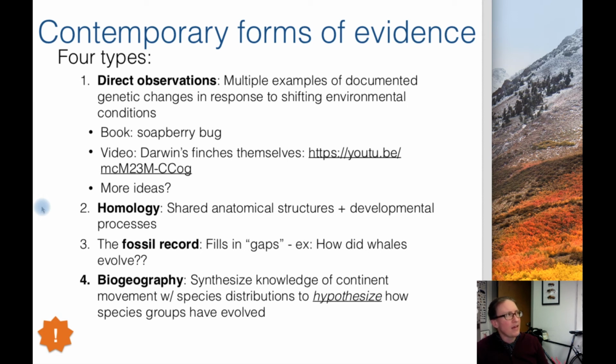So, that then brings us to the contemporary forms of evidence in support of the ideas that Darwin originally developed and came up with. And there are 4 major types of evidence that collectively continue to provide support for Darwin's ideas.